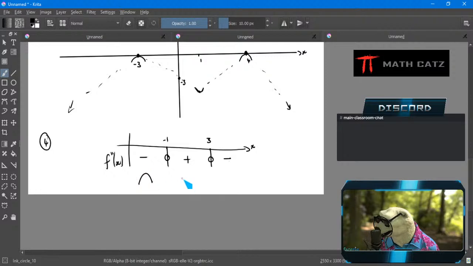So I'm concave down, concave up, concave down. Does that fit? Oh, so at -1, something interesting is happening. An inflection point is happening. Now I'm just going to temporarily put it here. It might not be a convenient position for my graphing, but we just have to have a point because they don't tell me the y value. I have the flexibility to make it convenient for my graph, so I don't struggle.